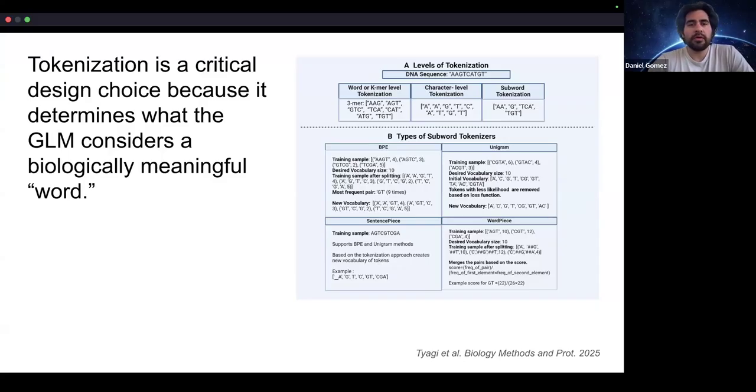The word or k-mer level tokenization has a three-mer. And then there's also character-level tokenization and subword tokenization, which we can see there. So it occurs at multiple scales. It can be represented by individual characters, k-mers, or larger subword-like sequence units.